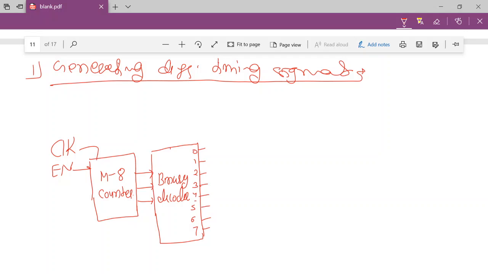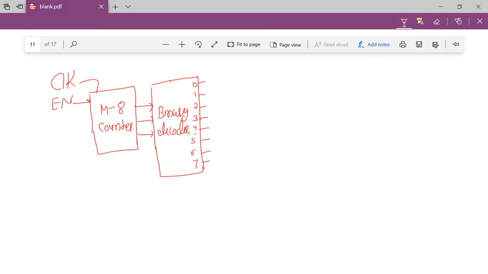Then in the next clock cycle, it will produce 1, 2, up to 7, and then it will come back to 0, because it is a modulo 8 counter. So it will count from 0 to 7 and come back to 0. So you can consider in every clock cycle. Okay, let me draw a clock signal here first.